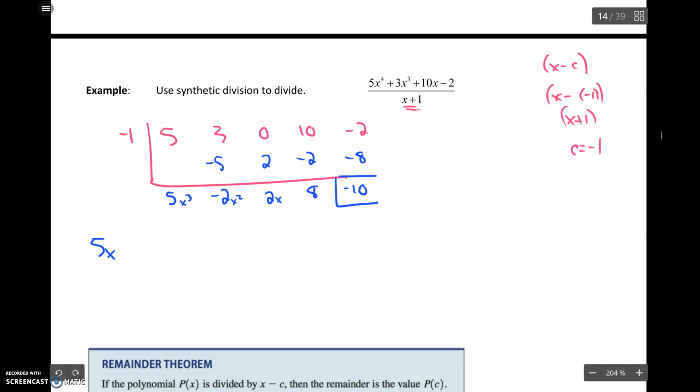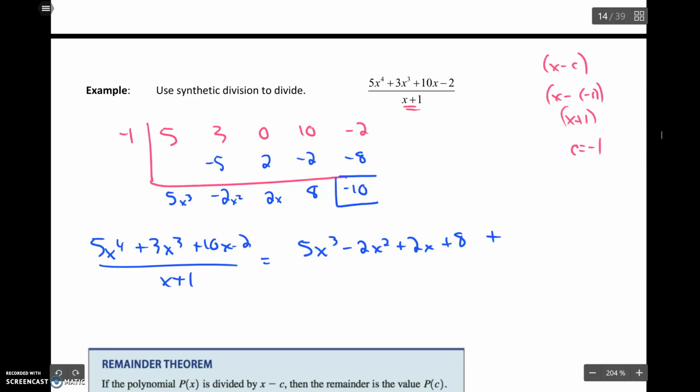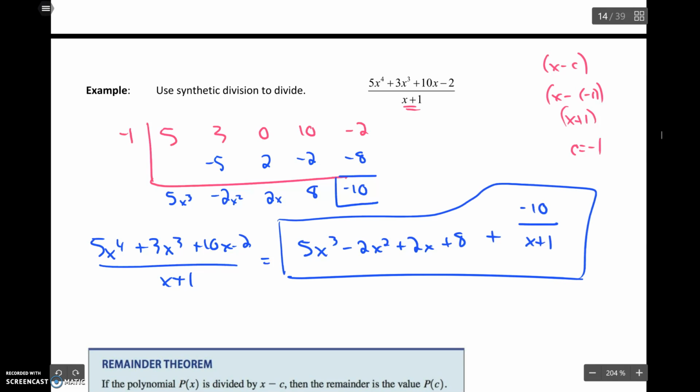So if I take 5x to the fourth plus 3x to the third plus 10x minus 2, all over x plus 1, I'm going to get a quotient of this plus my remainder over my divisor. So much better than long division.